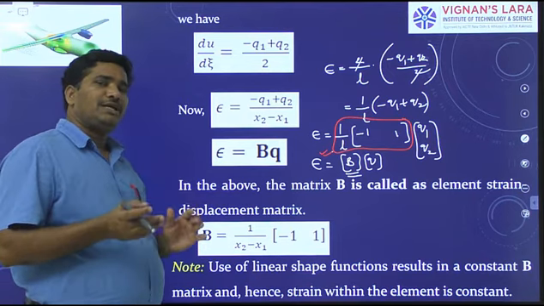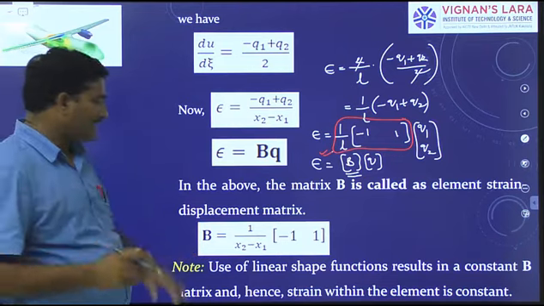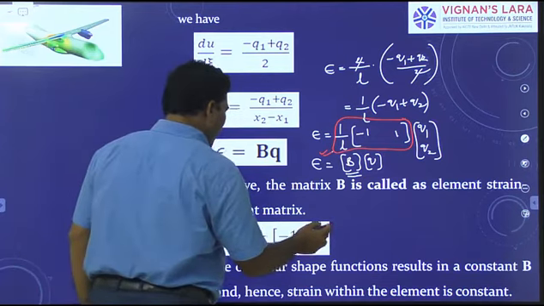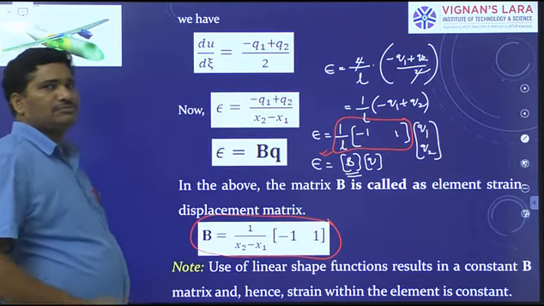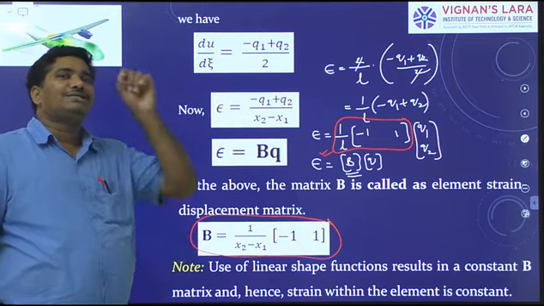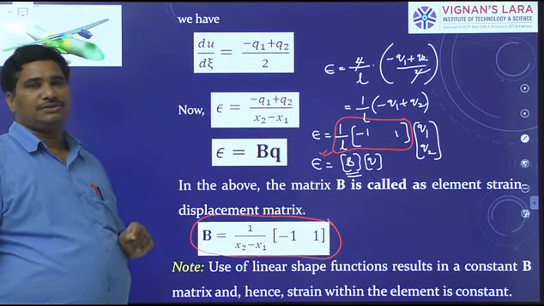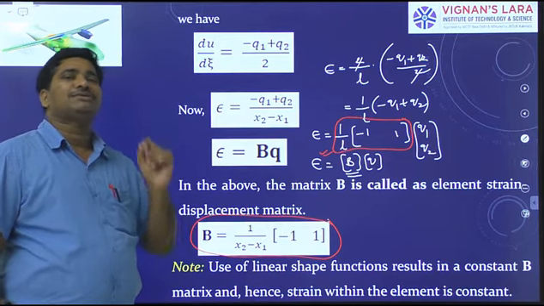So when we use the linear shape functions N1 and N2, they result in a constant strain displacement matrix B, and ultimately the strain within each element is constant.